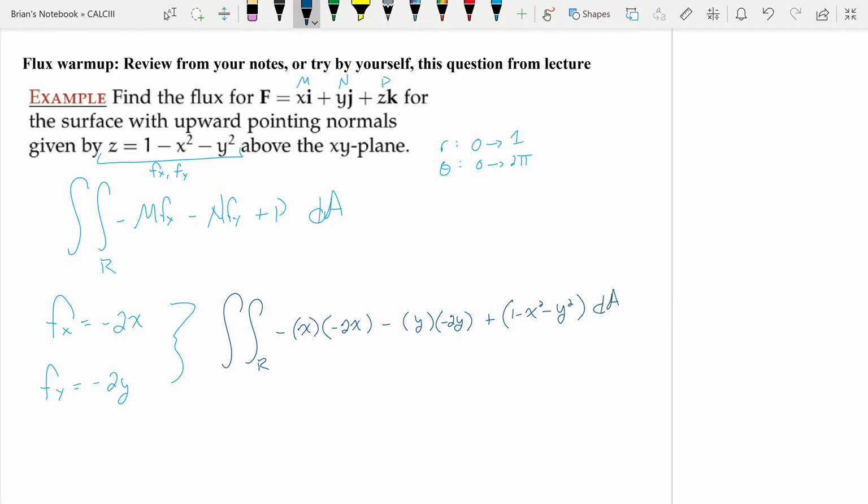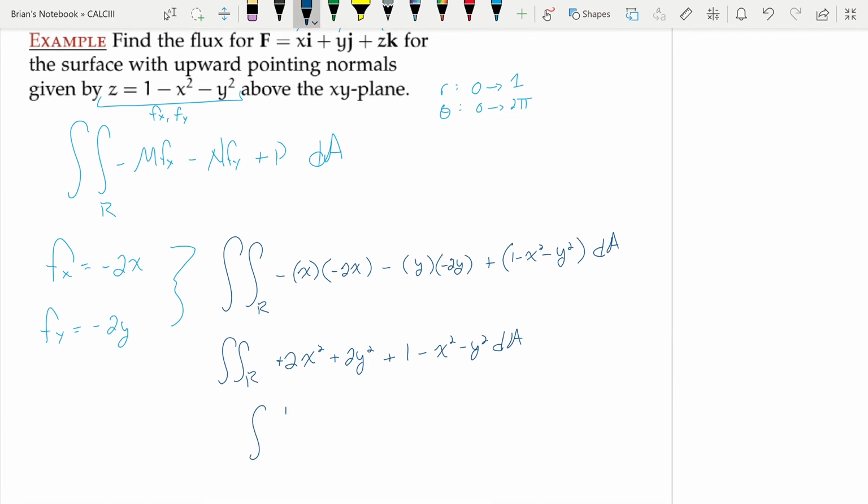So now we can simplify this a little bit. We have a region, it'll be negative 2x squared minus, positive 2x squared, and then plus 2y squared, those negatives add up, plus 1 minus x squared minus y squared dA, and then we'll just get the region of x squared plus y squared plus 1 dA.